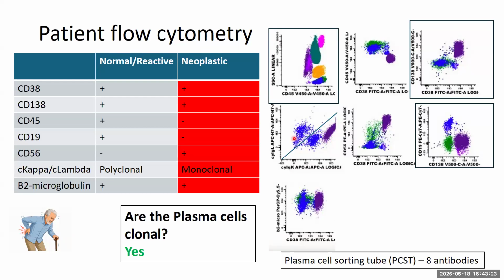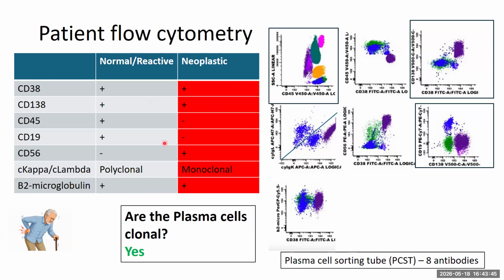So we do have a clonal population of plasma cells, but now we also want to assess if they are neoplastic, if they have neoplastic antigens. And the second column here depicts what normal plasma cells would express rather, and what neoplastic plasma cells express.